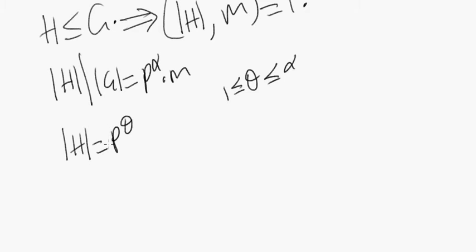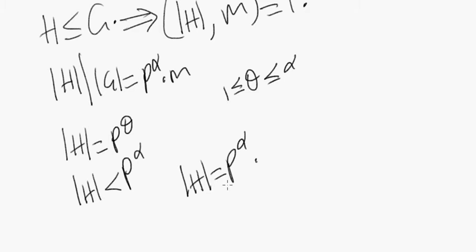Doesn't that mean the order of H equals p to the theta? And suppose we are also able to prove that the order of H is not less than p to the alpha. Wouldn't we then have guaranteed that the only option is that the order of H is p to the alpha? So this was the strategy.